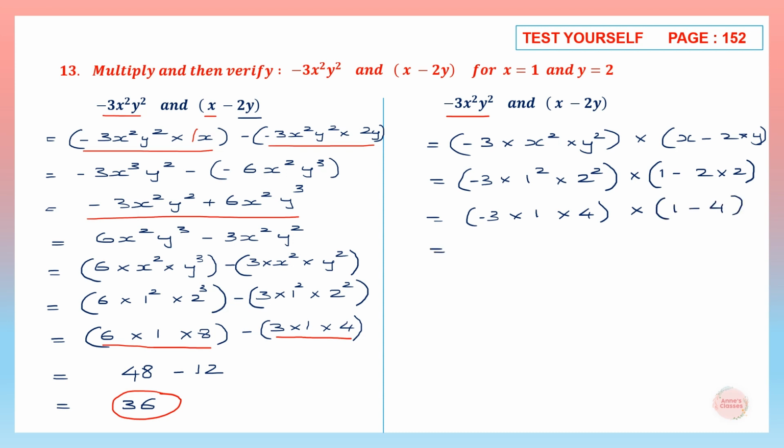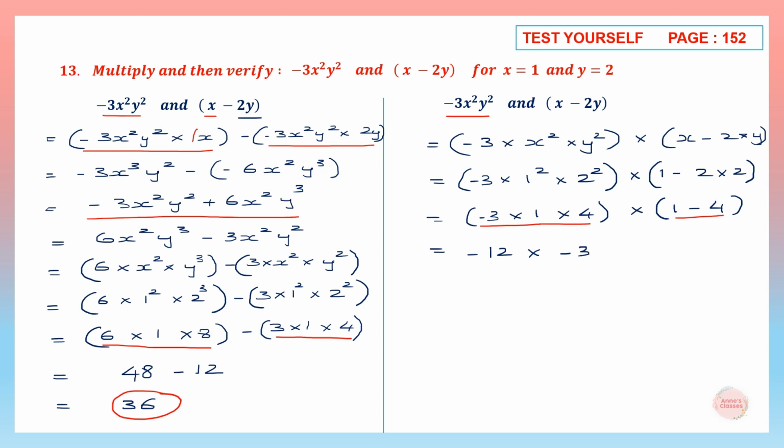Now let's multiply here. Minus 3 into 1 is minus 3. Minus 3 into 4 is minus 12. So here we have minus 12 into, now here what do we have? We have 1 minus 4. Signs are different, so we put the sign of the bigger number and we subtract 4 minus 1 is 3.